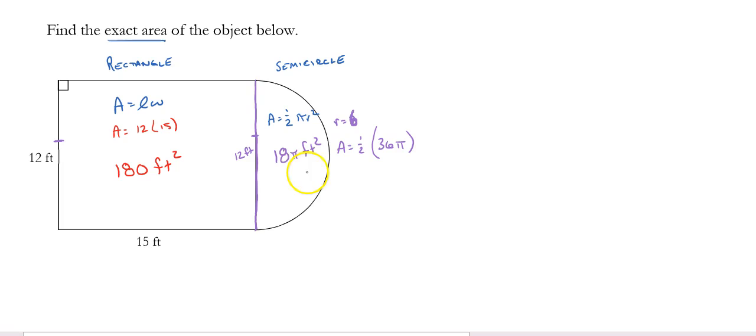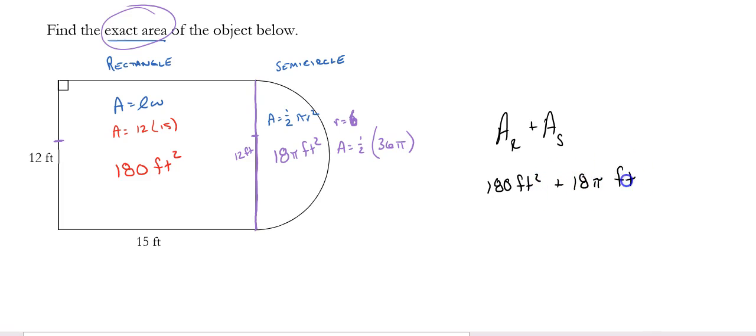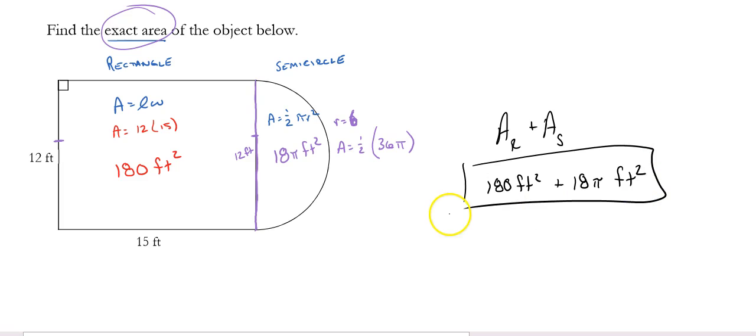I'm not going to estimate that because it said exact area. This is an addition problem. The area of the entire thing is going to be the area of the rectangle plus the area of the semicircle. So that's 180 square feet plus 18 pi square feet. That's the exact area. That's exactly what they asked for. That's what we leave it as.